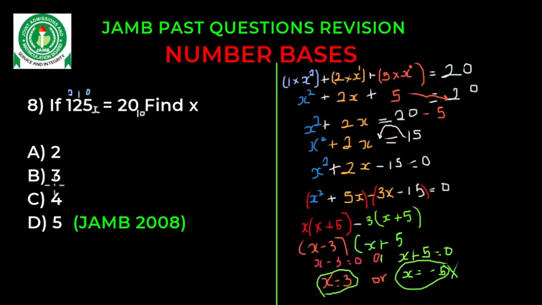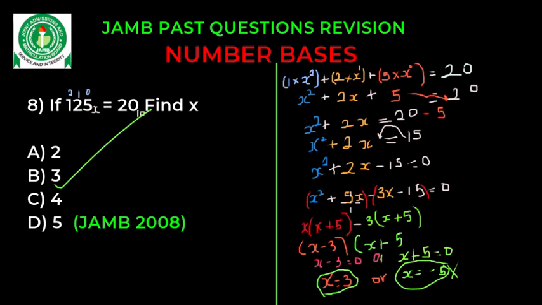We have 3. So if you have 3 as the correct option, I guess you had that correct. 3 is the correct option. That's it. So it was simple. We had to convert from base x to base 10 using the expansion method. When we did the expansion method, we finally arrived at a quadratic equation, and then we looked for the factors.